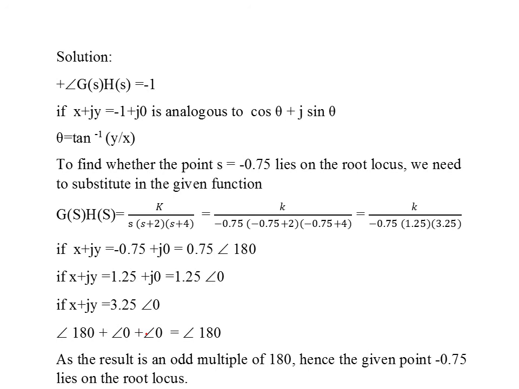Now let us add all three angles in the denominator: 180 + 0 + 0 gives us 180. The resultant is 1 × 180, which is an odd multiple of 180. Hence, the point -0.75 belongs to the root locus.